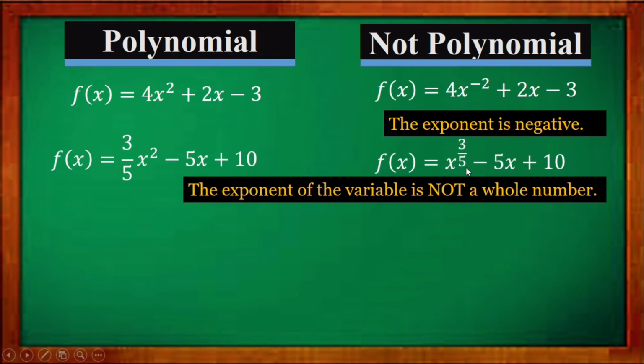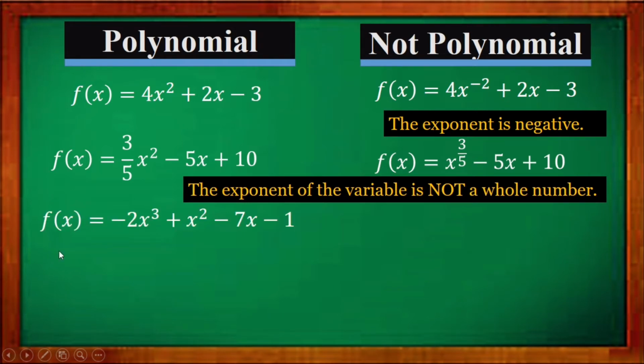And as you can see, in this example, x raised to 3 over 5, yung exponent natin is nasa fraction form, which is 3 over 5. Kaya, itong example natin na ito is not a polynomial. So dapat ang exponent natin para maging polynomial function siya is always a whole number.